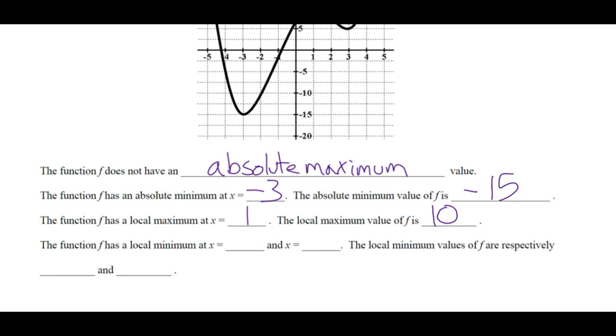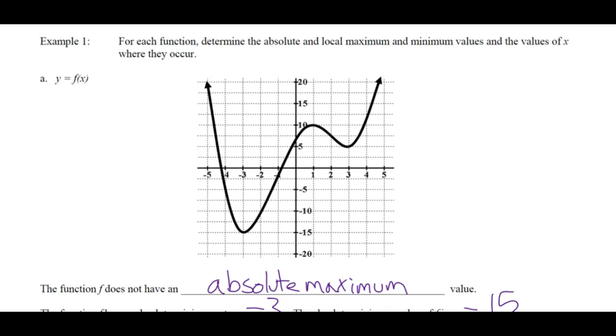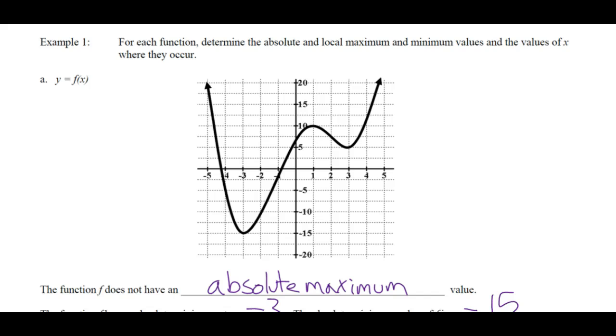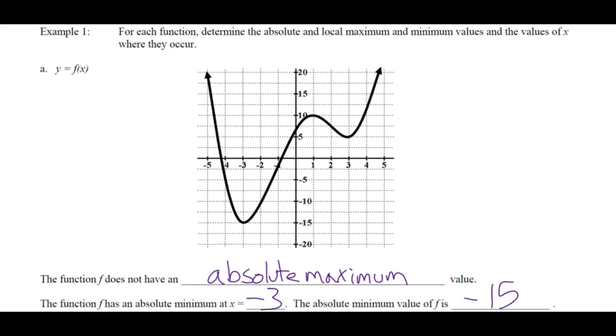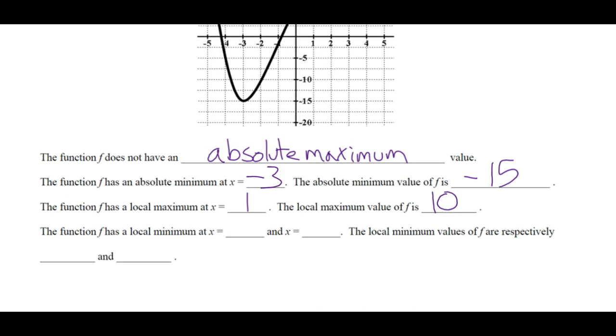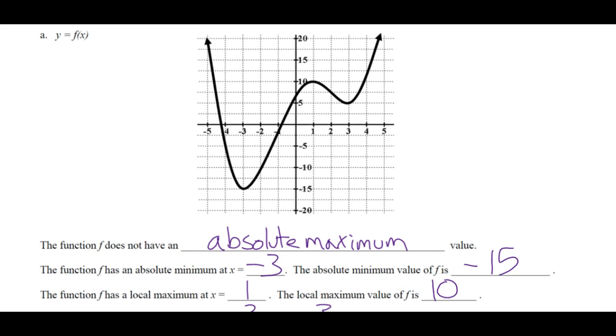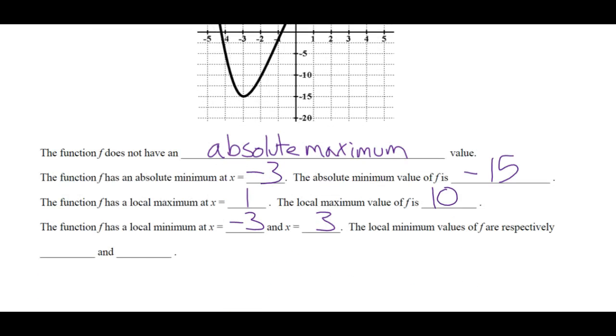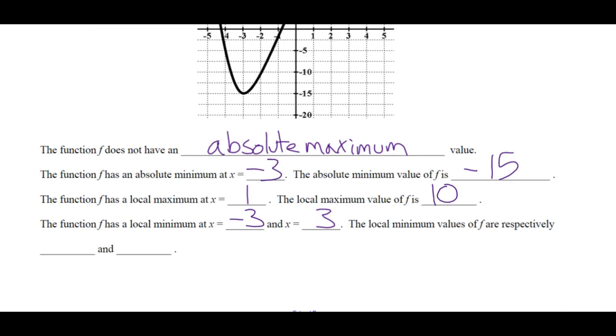The function f has a local minimum at x equals -3 and +3. So at x equals -3 and x equals 3, the local minimum values respectively are -15 and 5.